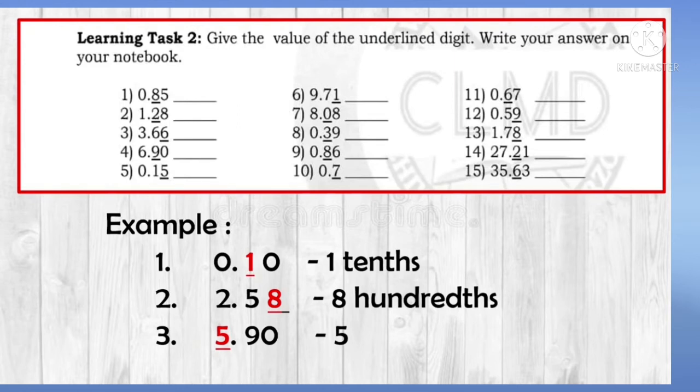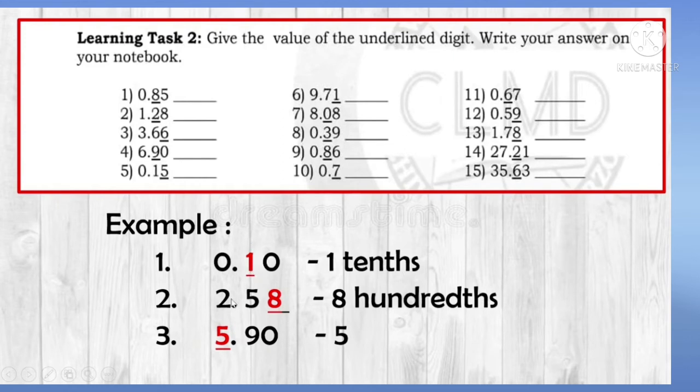Ngayon naman, value. Kanina, place value. So, example natin. Again, meron akong 0.10. Now, yung underline number is 1. Now, what is the value of 1? The value of 1 is 1 tenth. Because, nasa tenths place siya, then isulat nyo lang yung number. Okay? 1 tenth.